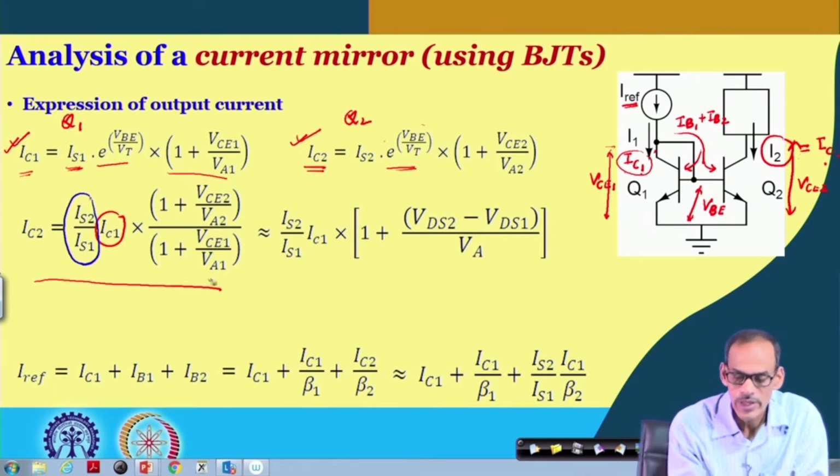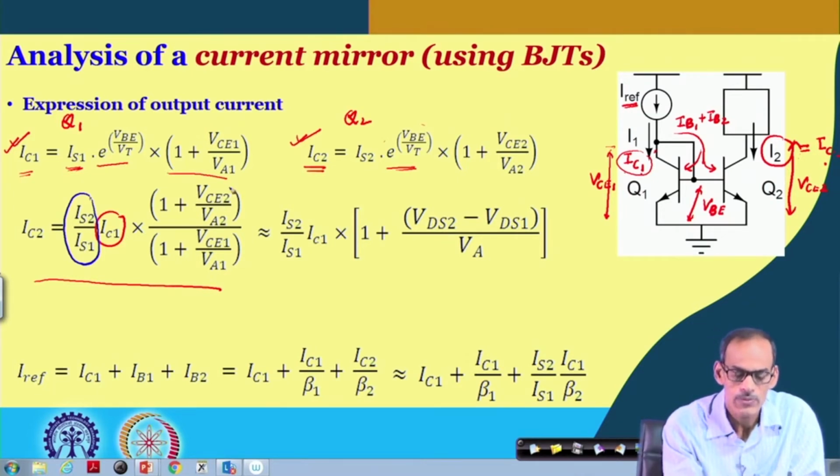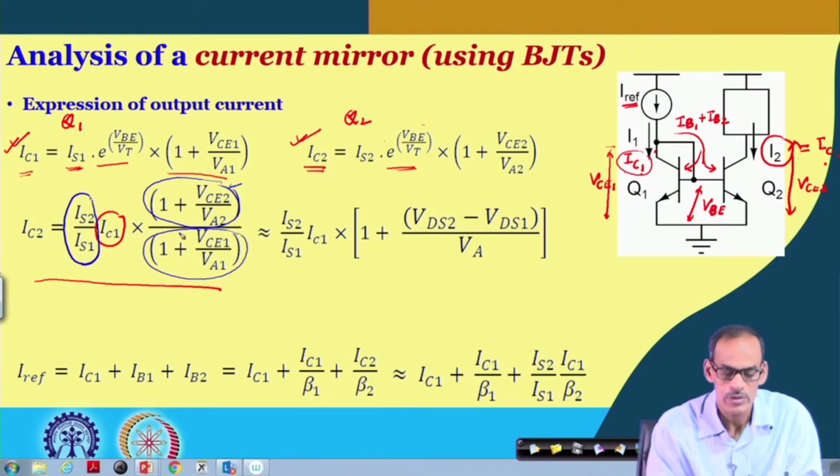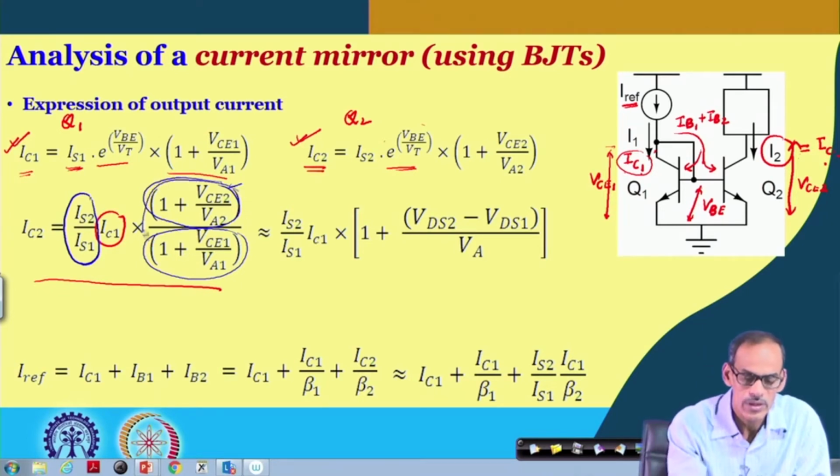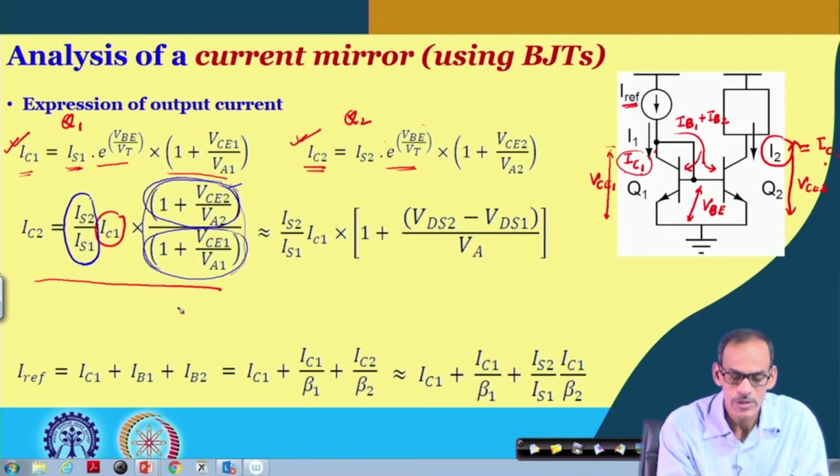And in addition to that, depending on the VCE voltage, we do have this factor in the numerator and also in the denominator. Similar to the previous current mirror, here this factor can be approximated, assuming of course that VA1 equals VA2.